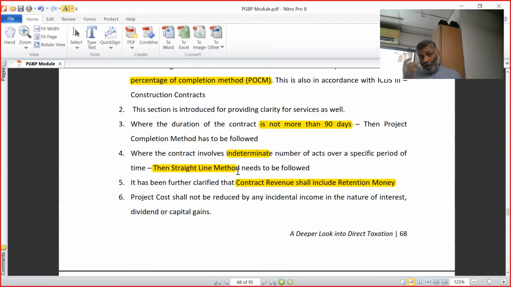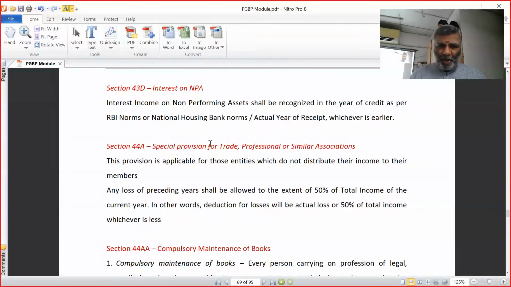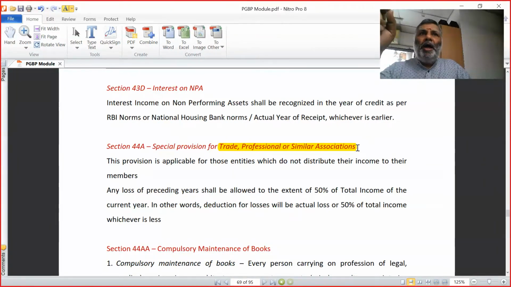We are going to section 44A, the first item, special provision for trade, professional or similar associations. This is applicable if they are not mutual concerns. Mutual concern is not at all taxable.